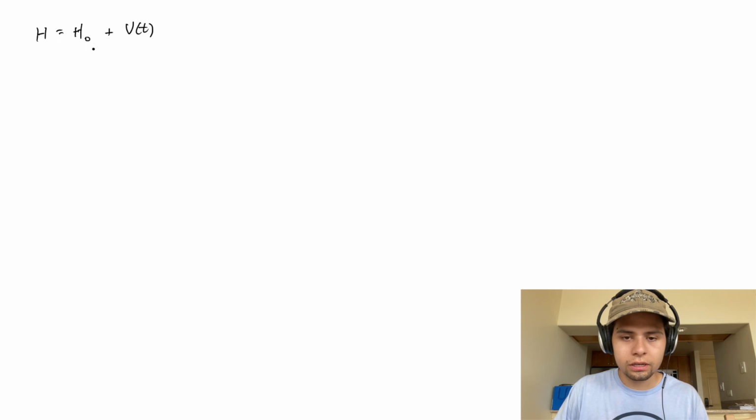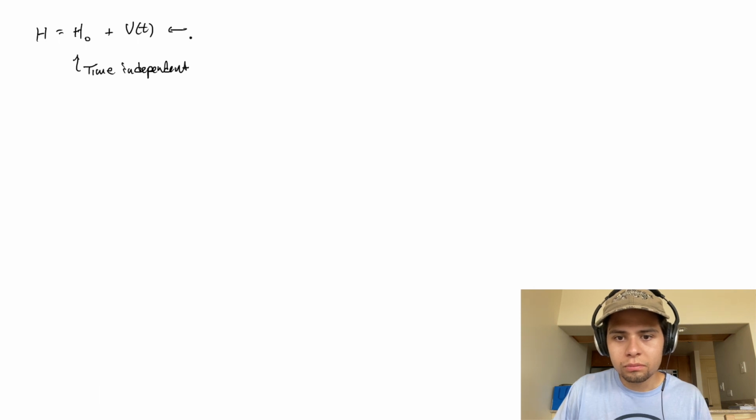we want to recall that in my first slide, I said that the Hamiltonian operator has a time independent part we'll call H naught plus V(t). This is the time independent component, and this is the time dependent component.